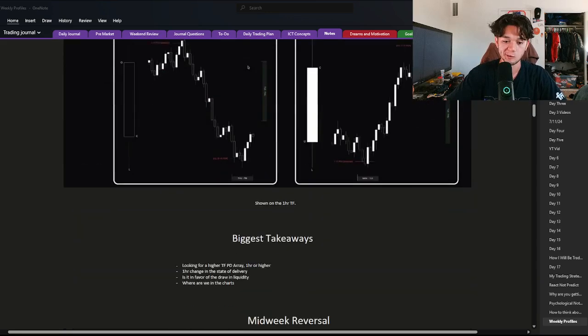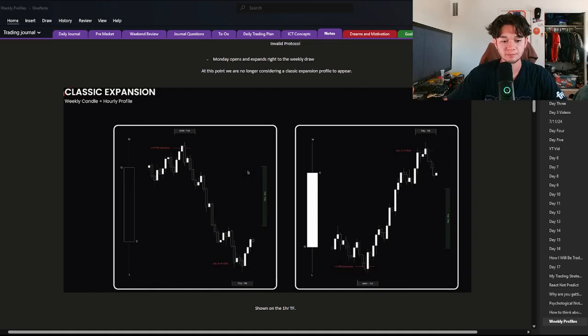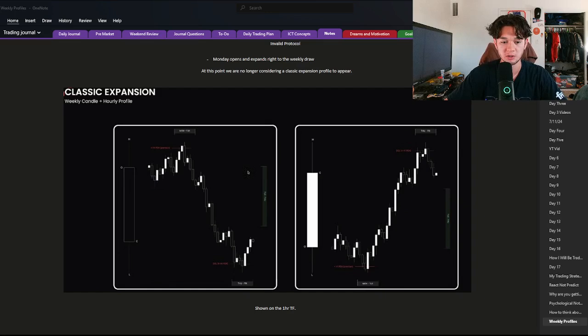So this is what it looks like on the hourly time frame. We get Monday accumulation. This could be Monday and Tuesday. We're accumulating, retracing up, and then we make a high, and boom, we change the state of delivery right here with this candle. We have a fair value gap. Price retraces in, expansion down.